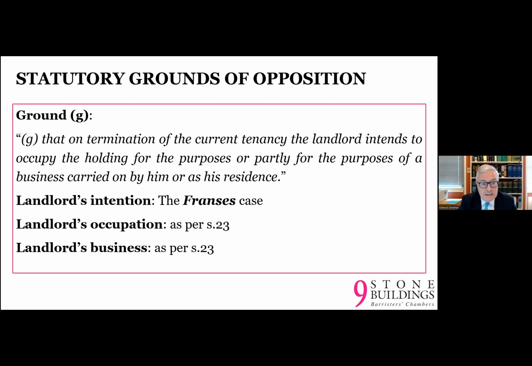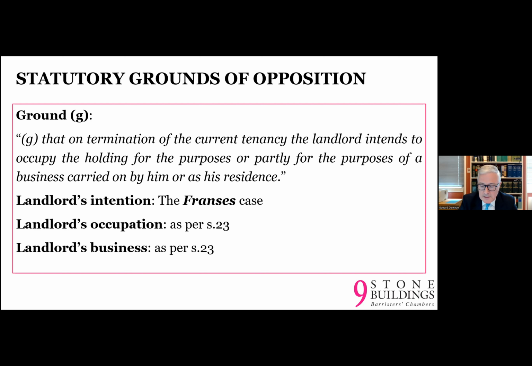Nothing in ground G provides that the landlord's got to stay in occupation for any amount of time. In one case, it was said it might be a short time, but it must not be fleeting or illusory. And that comes back, these are old authorities, to the Francis case, namely, am I only doing this to satisfy ground G in order to rid myself of the tenant?